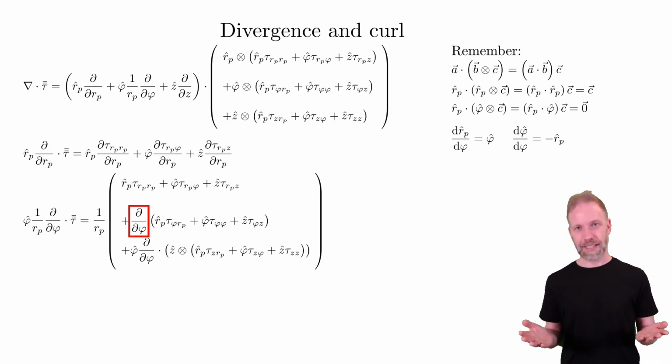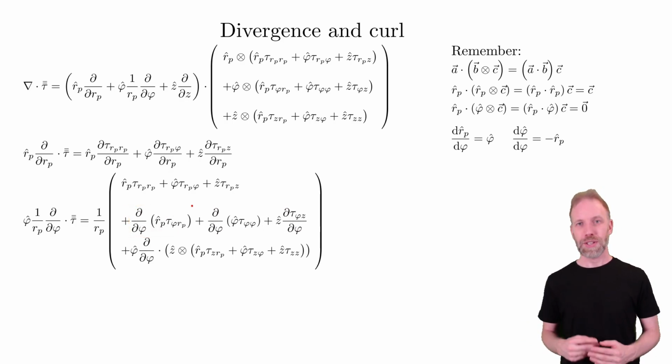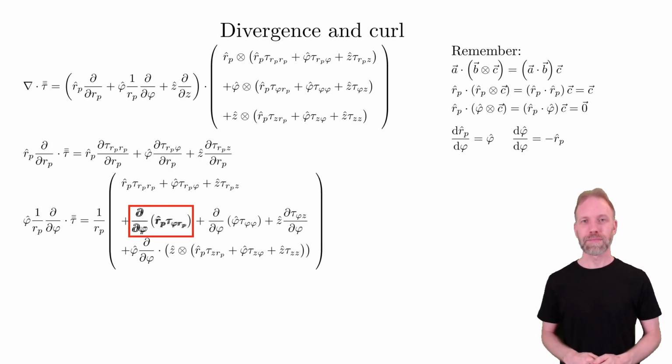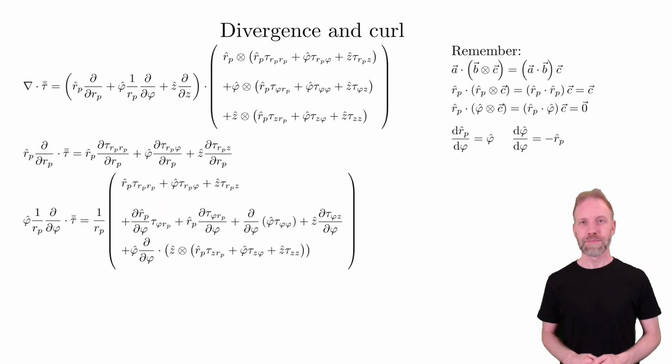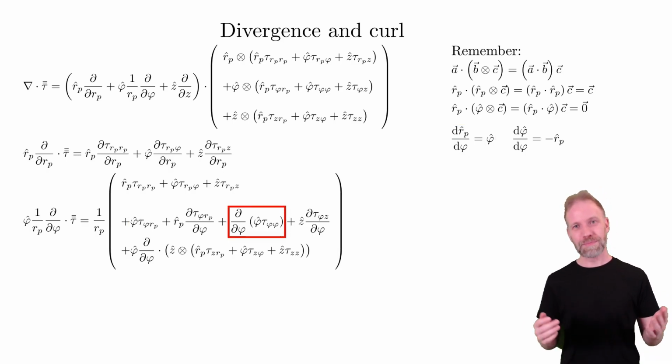Distribute d phi again. Use the product rule. The derivative of rp hat with respect to phi is phi hat. Use the product rule.